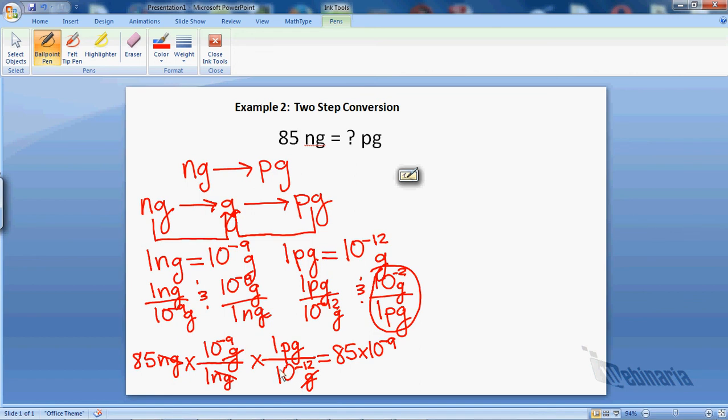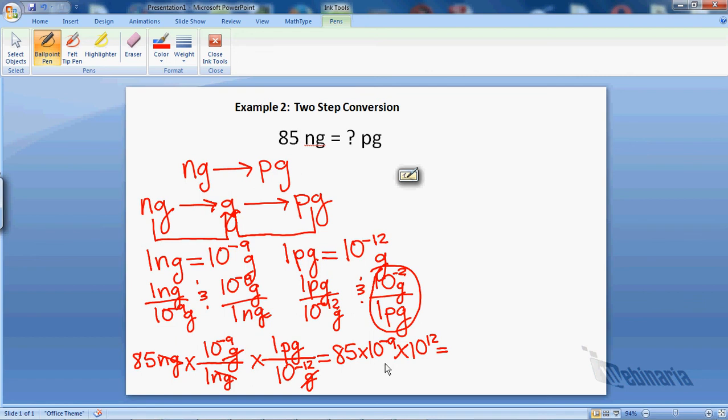Now be careful again, as I said in class, we have to remember our rules for algebra. When we bring up an exponential from the denominator, we change the sign of the power that it's raised to. So 10 to the minus 12 in the denominator becomes 10 to the 12th in the numerator.